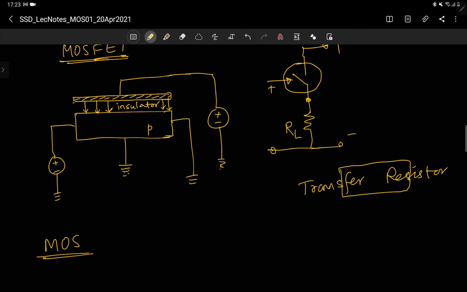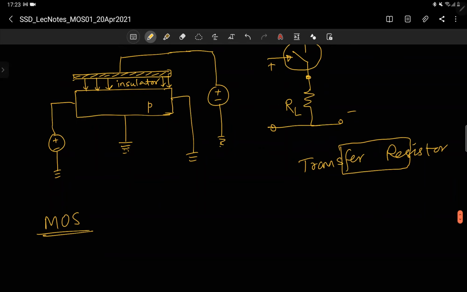When there is a positive bias on the metal and negative bias on the P side, the whole P region has become negative. So it is a thick electrode of that sort, but it is still an electrode of a capacitor. It is like that because there is an insulator in between, and on either end we have two electrodes.